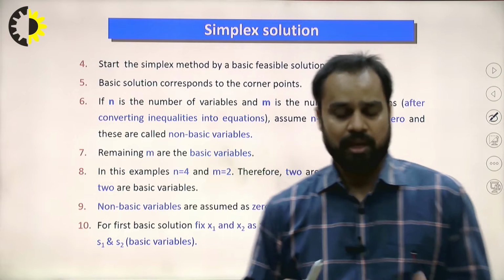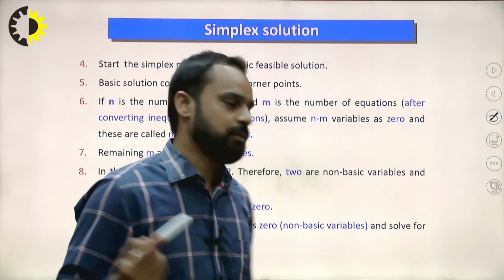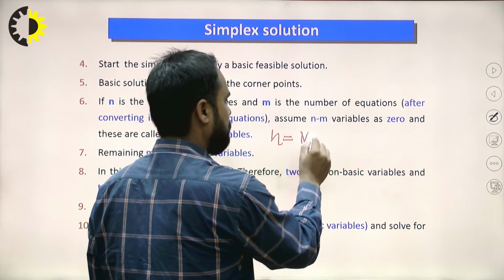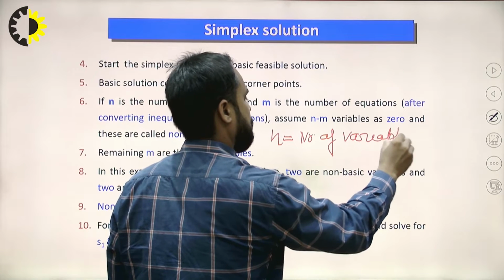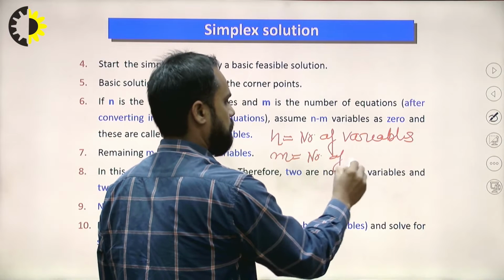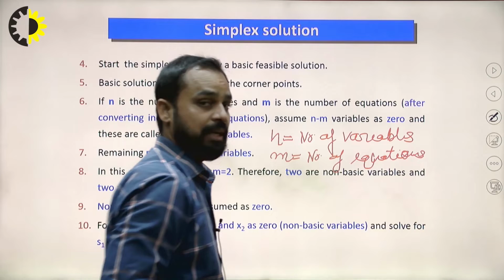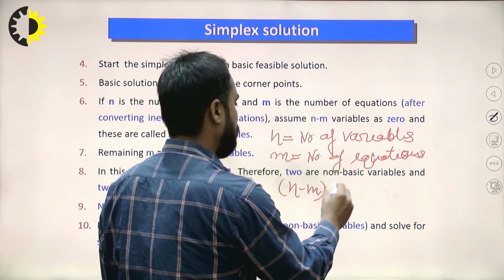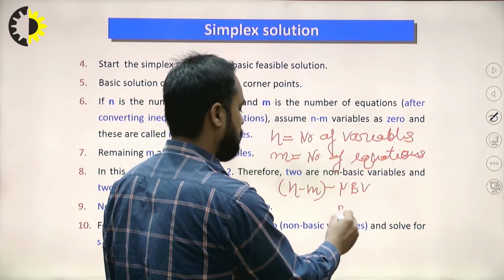Just like I have already told you, this is how we decide the number of basic and non-basic variables, and that is simple. N always represents the number of variables in the problem, and M represents the number of equations. N minus M is the number of non-basic variables. The other variables are known as basic variables.